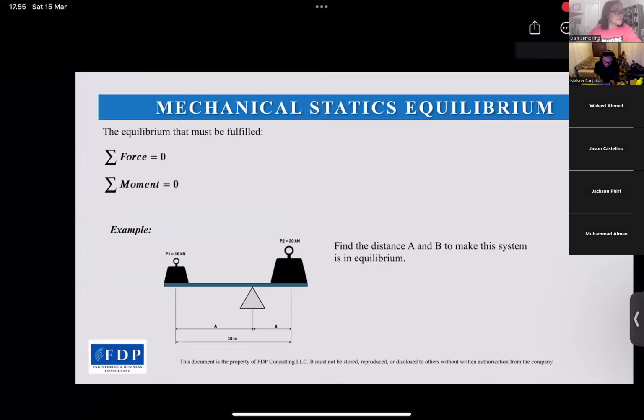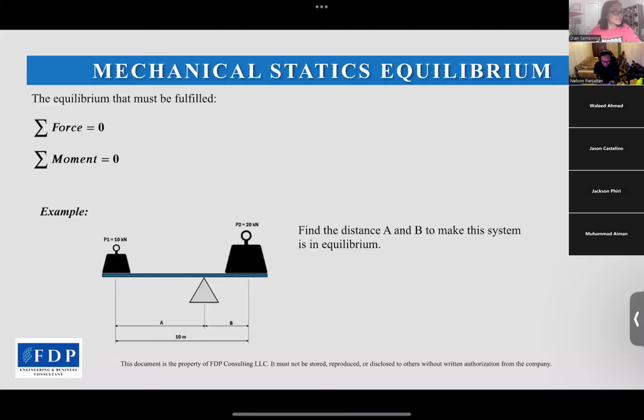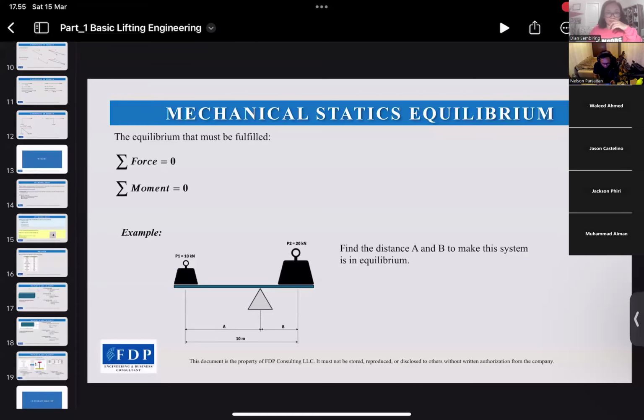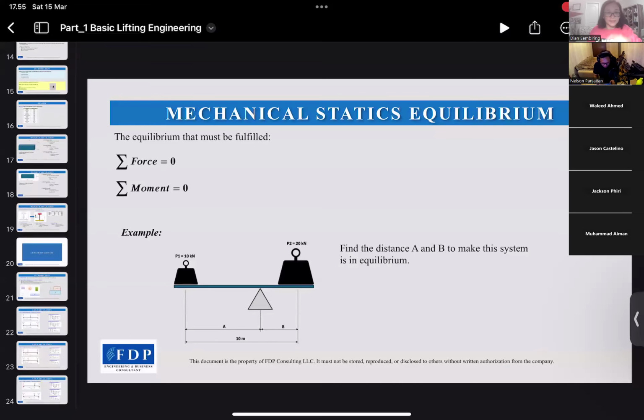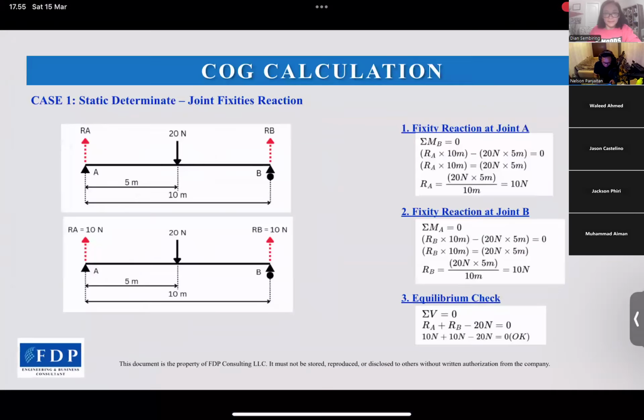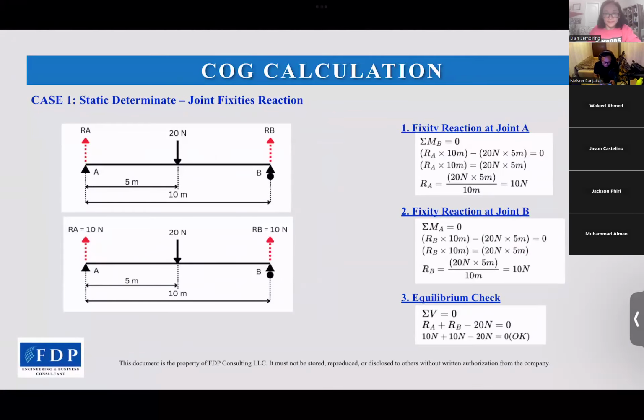This will be used to get the fixity joint reaction. So when we say that this system is in equilibrium, then we can apply the formulas total forces equals zero and total moment equals zero to get the fixity reaction.